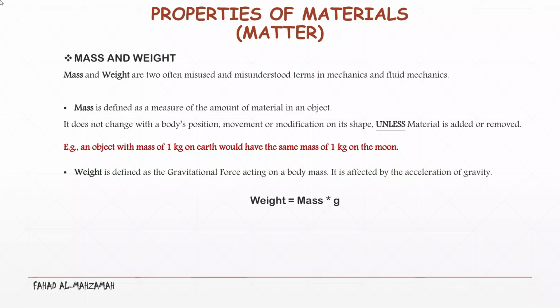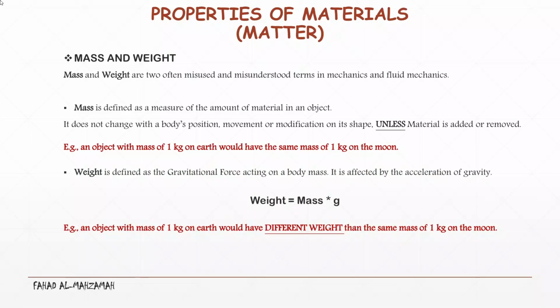We can notice here that weight is one type of force. It is typically a force, but not for any acceleration; it is due to the acceleration of gravity. So it's one type of the general definition of force. Keep this information in mind.